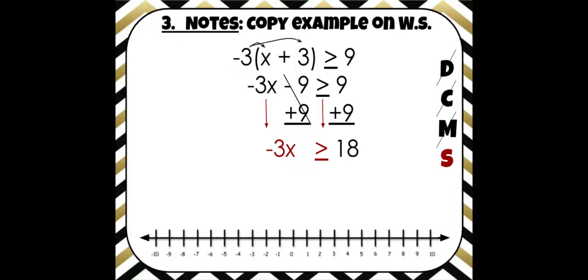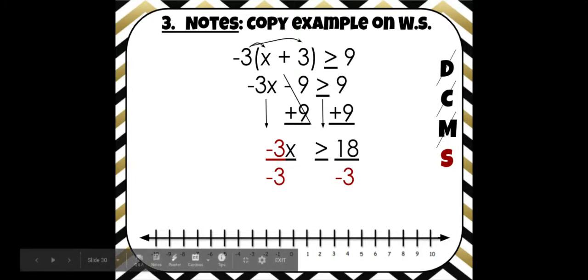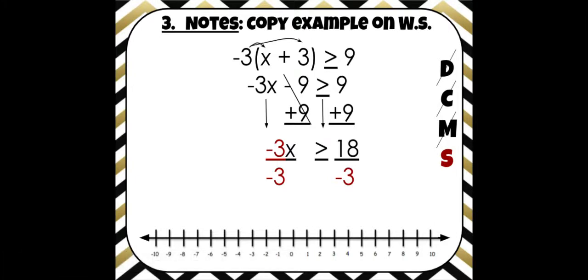The last step for solving for x is dividing both sides by -3. So do you remember what I just said? What happens when you divide both sides by a negative number? What do you have to do? Hopefully you're thinking flip the inequality sign.